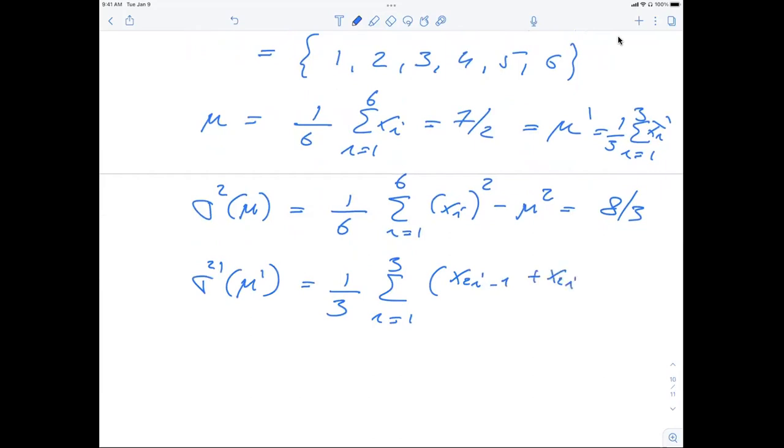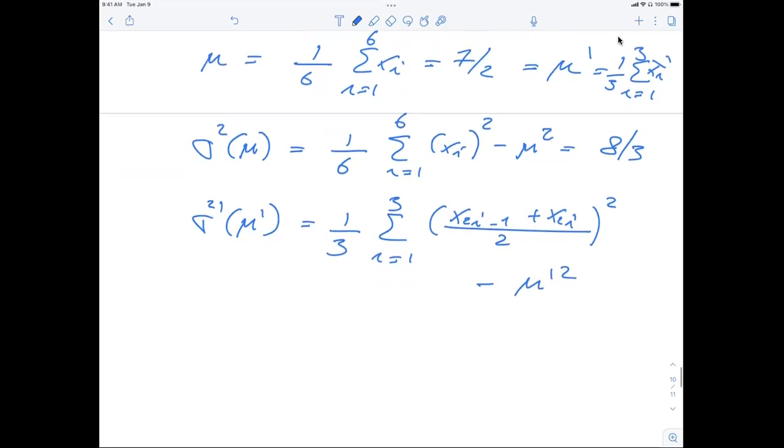Plus x2 of I divided by 2 here. This is squared, and minus mu prime squared. And when I plug in the numbers here, what I'm going to get is 1 divided by 3. And I have (x1 plus x2) squared divided by 4 plus (x3 plus x4) squared divided by 4.